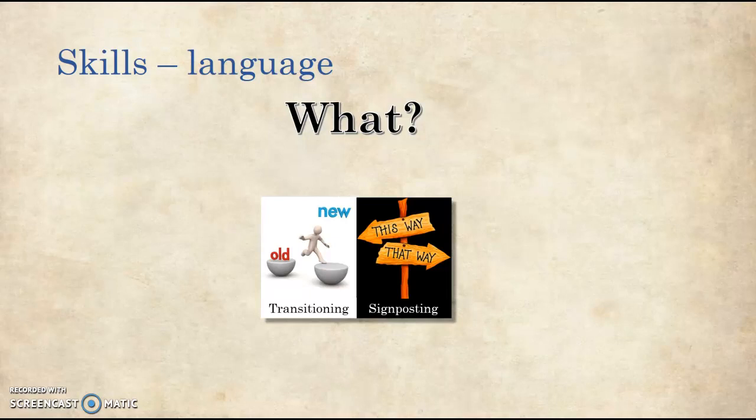This is very important to your audience because it helps them to follow your presentation systematically. And in case they are lost, for example, it also helps them to find their way back into your presentation.